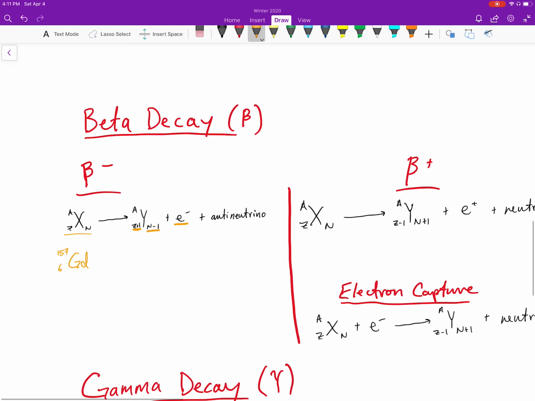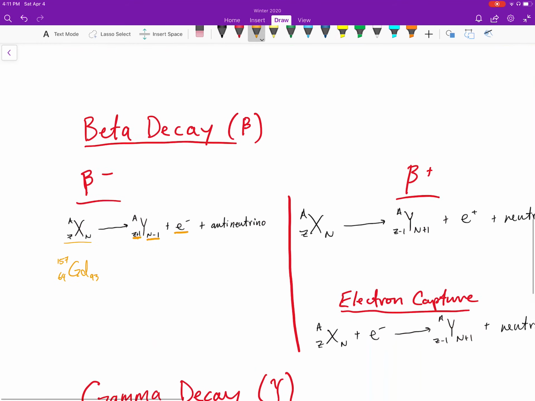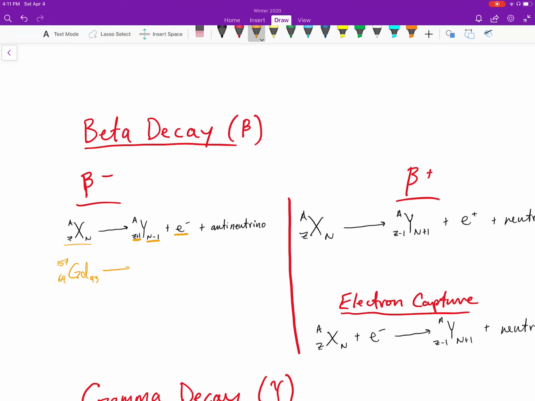So we'll go 157 minus 64 is 93 neutrons. If gadolinium were to undergo beta minus decay, it would gain a proton, so we'd be left with 65.